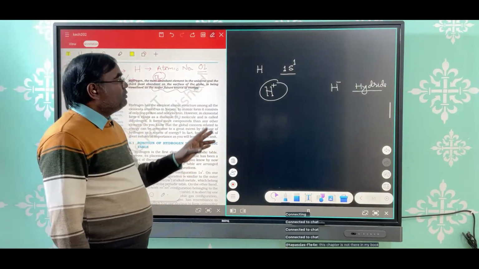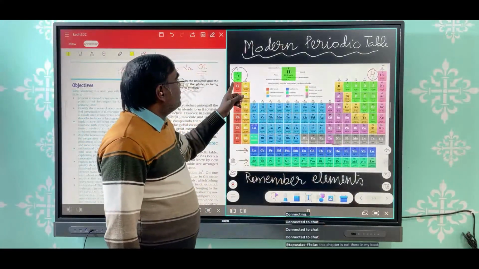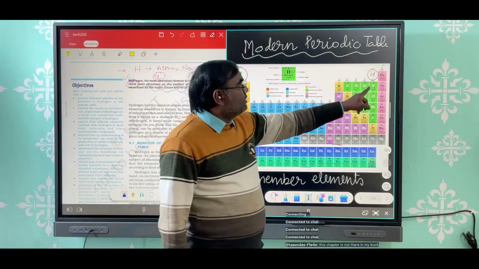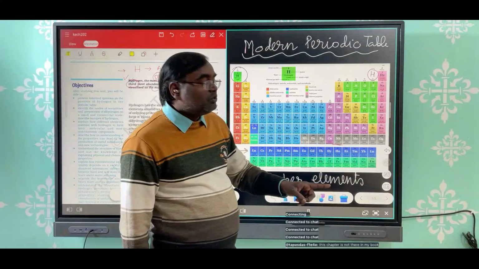Because of this property, hydrogen is kept in the first A group as well as the seventh A group, the group of fluorine, chlorine, bromine, iodine, astatine.